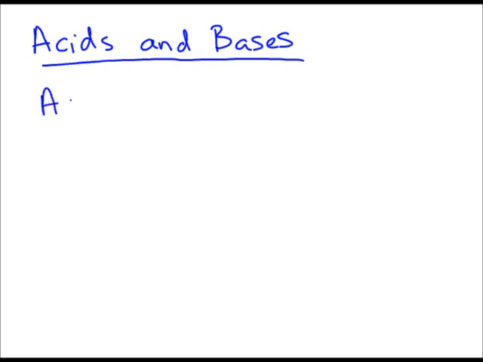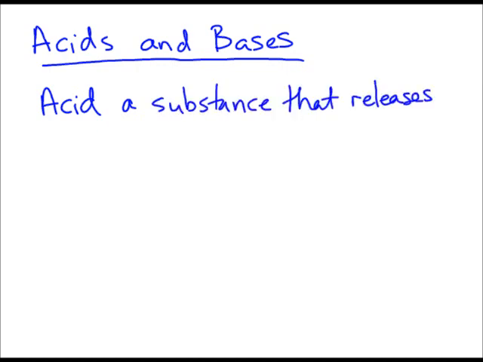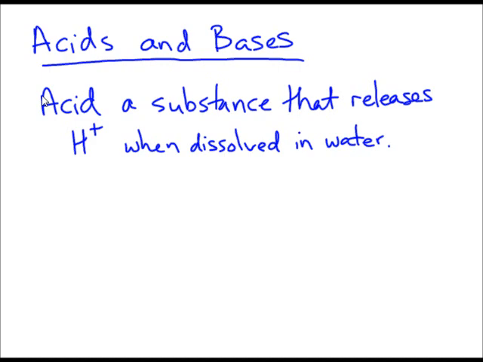So an acid. An acid is a substance that produces hydrogen ions when it dissolves in water. So when you take something that's an acid, let's use an example, hydrochloric acid.